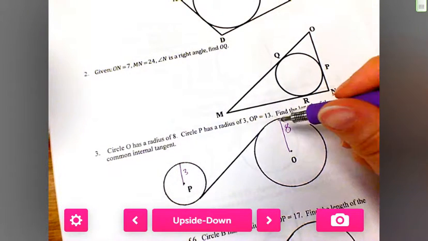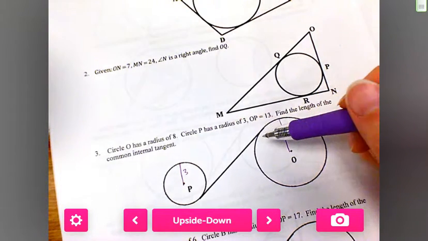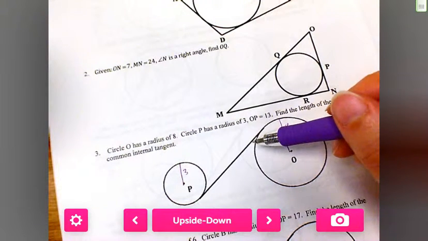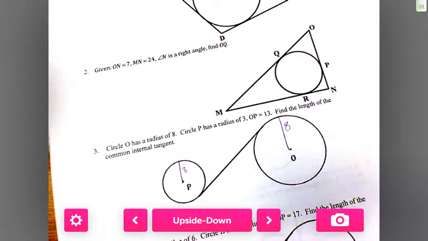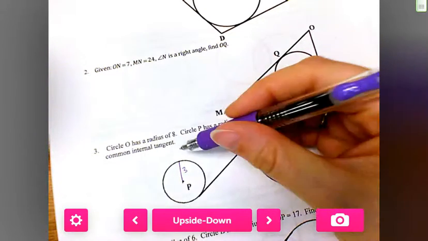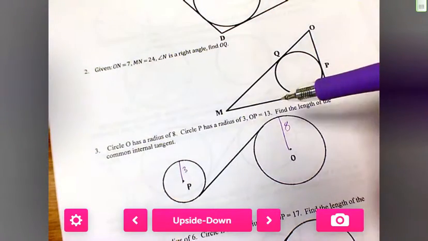We're going to say that the distance, this is an internal tangent. Okay. And we're going to say the distance between them is 13.